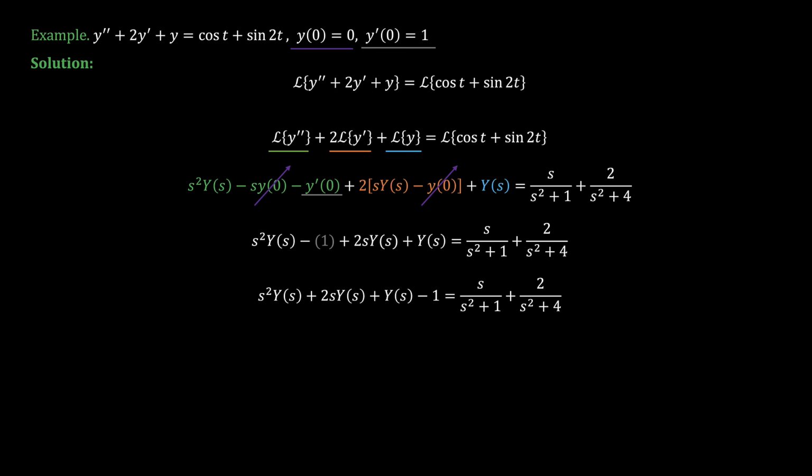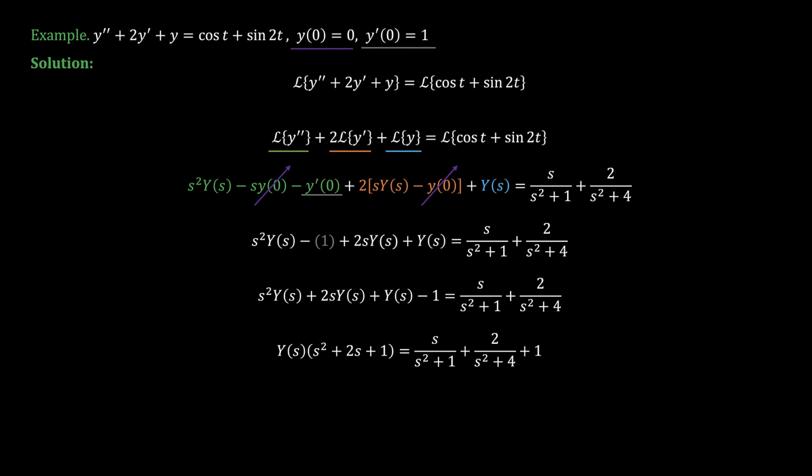So where I'm going to go from here is add the 1 to both sides and go ahead and factor out the capital Y of s as we did in the previous problem. So when I factor out capital Y of s, here I'll be left with s squared plus 2s plus 1 on the left-hand side. And over here on the right-hand side, the same two terms, but I added the 1 there.